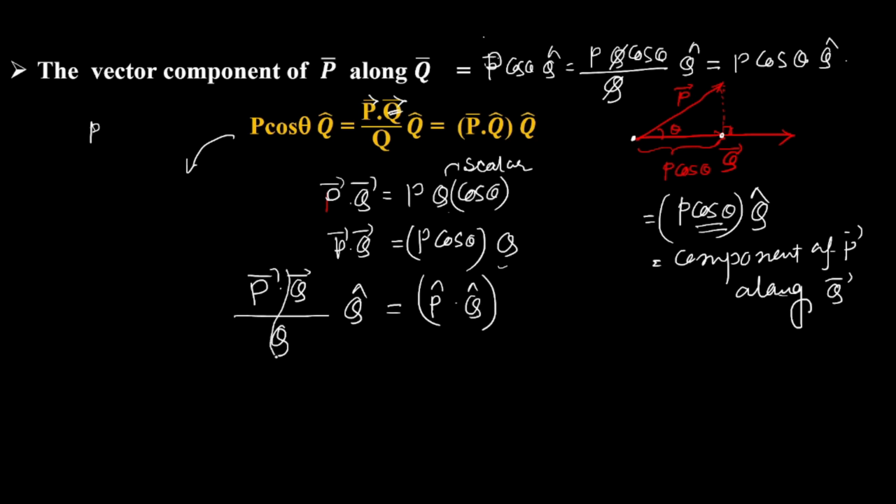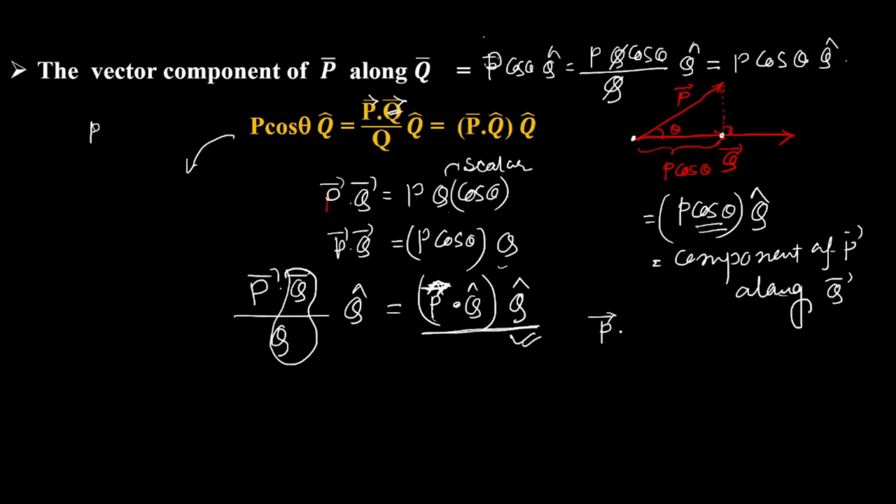That means Q vector divided by Q vector magnitude gives Q cap. So this is the component of vector P along Q vector. We can write it like this.